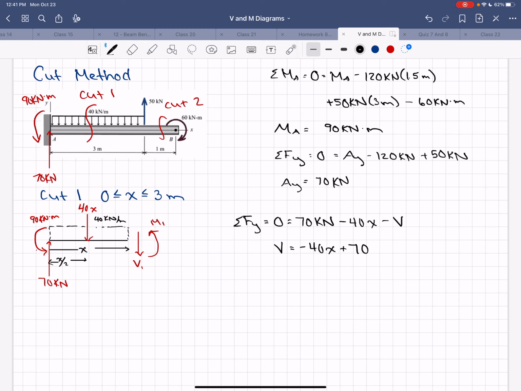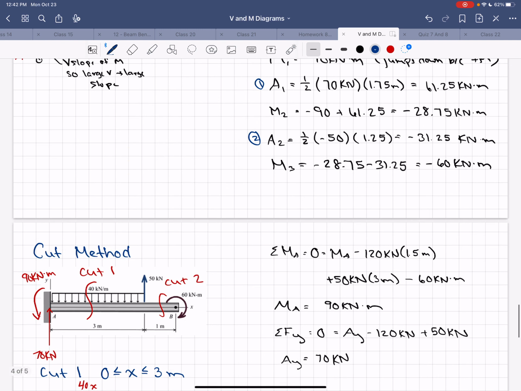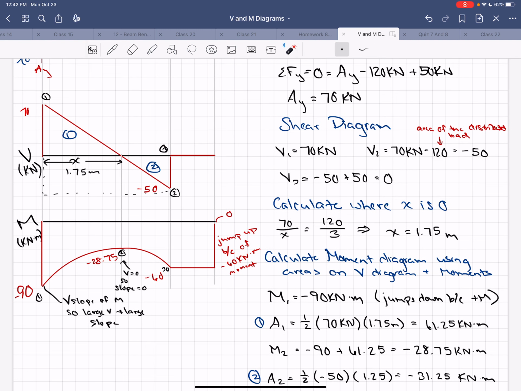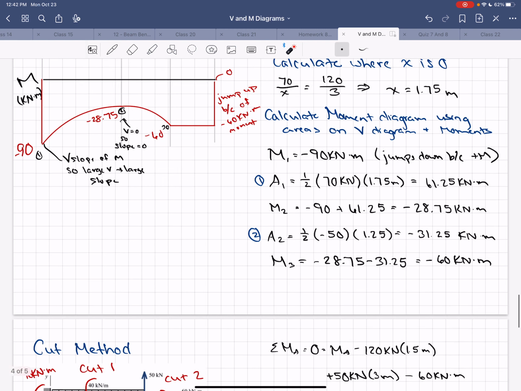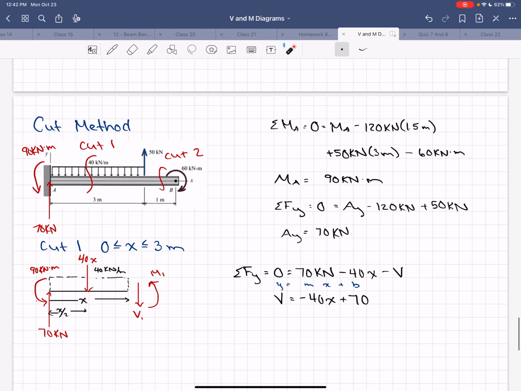So this looks just like y equals mx plus b, with m the slope and b the y-intercept. The y-intercept was 70, and the slope is the value of the distributed load, 40 kilonewtons per meter. So that's important. The slope, m, equals w, the distributed load.